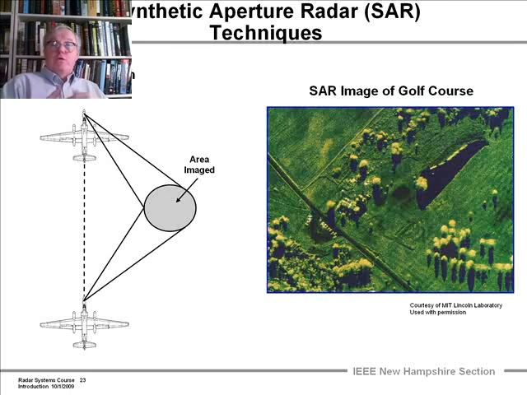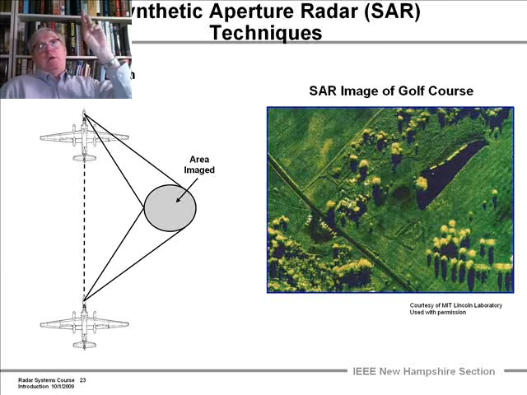And you can get very good range resolution by working with very high bandwidth. But angle resolution is tough in the normal processing of a radar signal because it depends on the antenna beamwidth, and that depends on the size of the antenna. So if you want to map the ground and put an antenna up in an airplane, you're going to be limited with the size of the antenna, and that's going to limit you to fairly wide beamwidths.